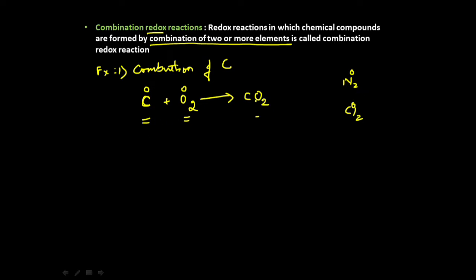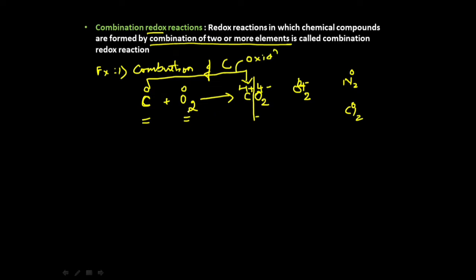Now come to the product side. As we know, one oxygen can exhibit 2 minus charge. Here two oxygen atoms are there, so 2 times 2 means 4 minus charge; O2 will exhibit minus 4 charge. In order to neutralize, carbon will exhibit plus 4 charge. So carbon is undergoing an increase in oxidation state, which, as we know from the earlier concepts, means carbon is undergoing oxidation.